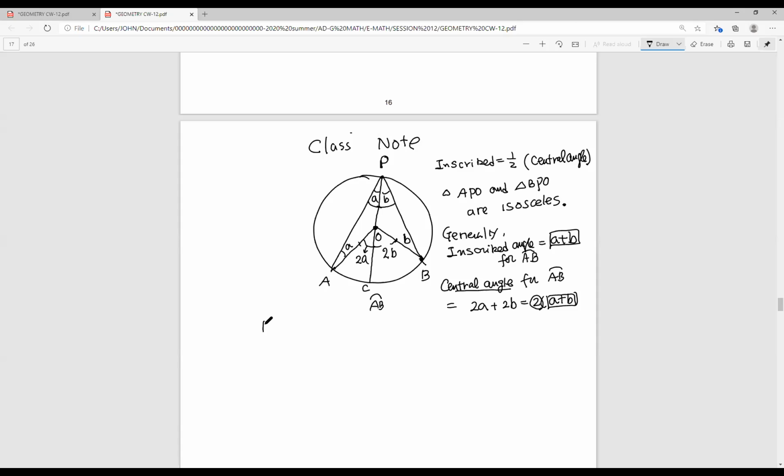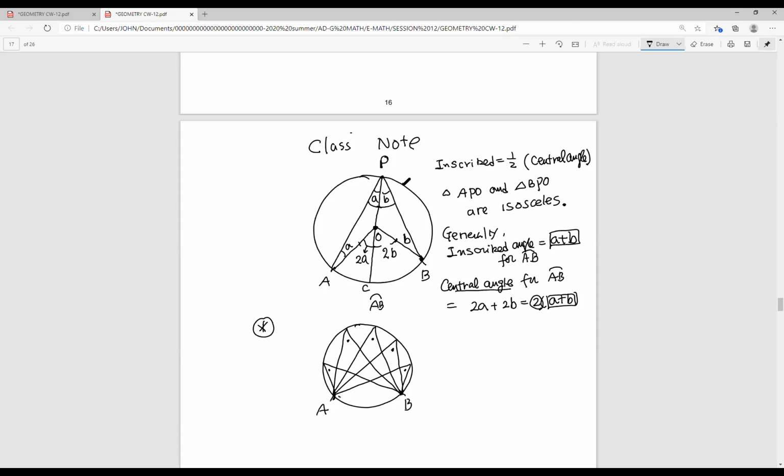Another one over here. For the same arc, A and B, all of the inscribed angles, so many inscribed angles, but they are all congruent, equal, okay? Because for this arc AB, there should be only one center angle, isn't it? The other ones are all half of the center angle.